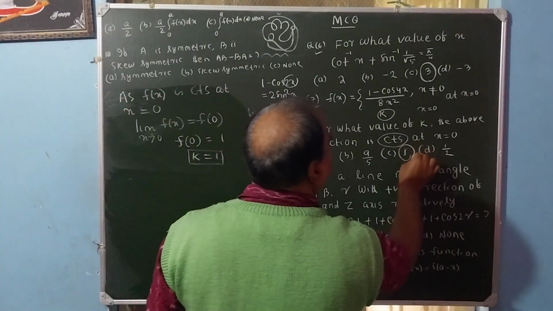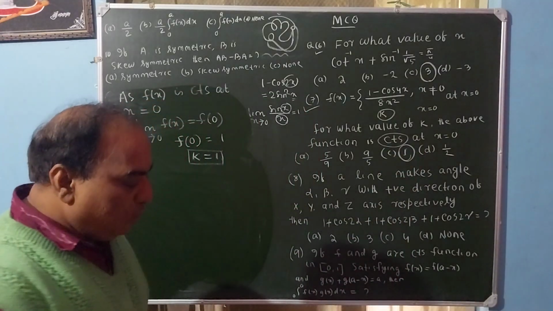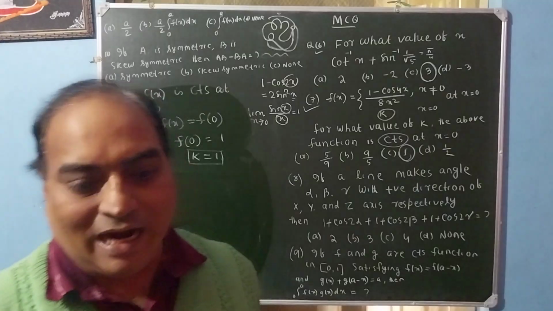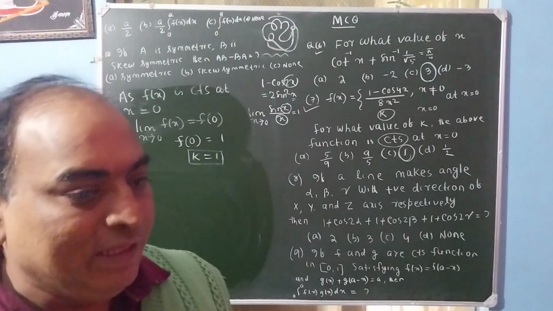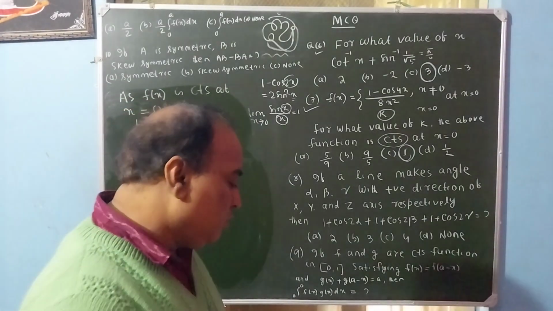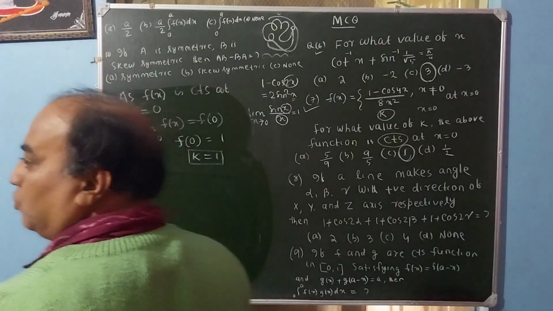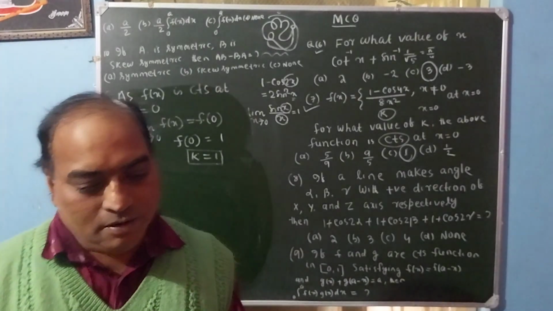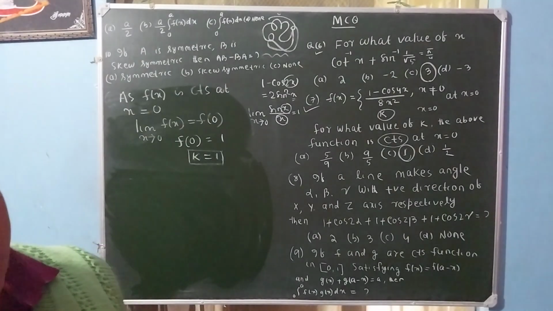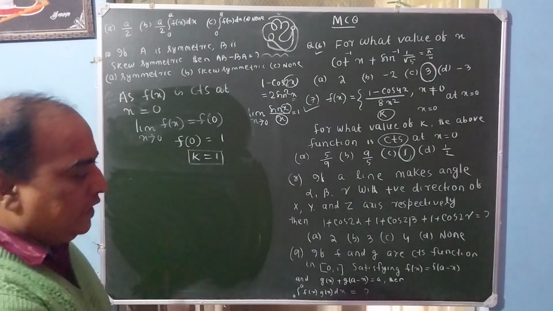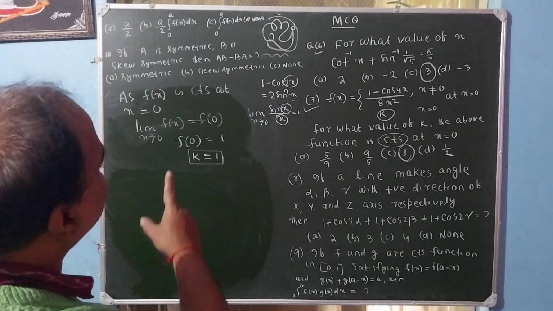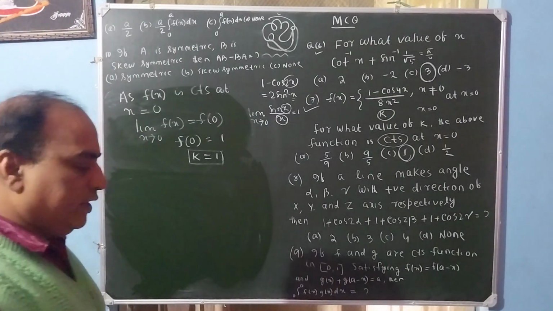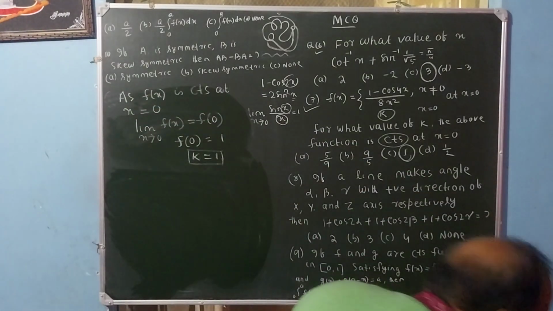We know f(x) is said to be continuous at x is equal to a if the limit of the function must be equal to the value of the function. So here the result is k is equal to 1. Okay?